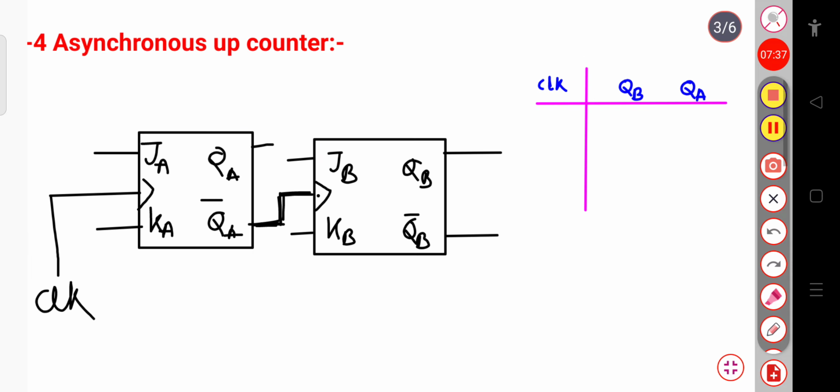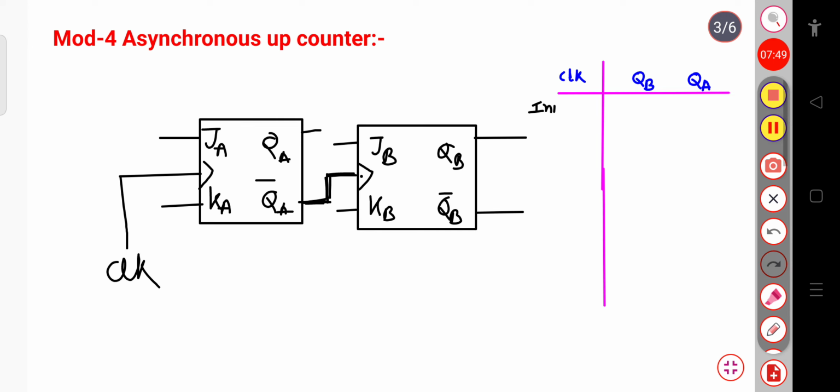Because this will represent the LSB, the least significant bit. At the initial condition, that is, at the initial clock pulse, QB is 0 and QA is 0. This is the first condition.